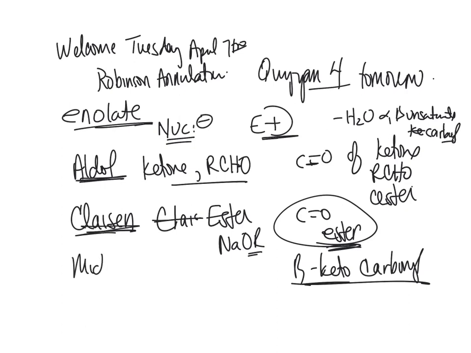We also talked about Michael reactions, and that's a 1,4 system. So something like this, where you have 1, 2, 3, 4, and that fourth carbon is a delta positive, so it's electrophilic, and your nucleophiles then will be soft nucleophiles.